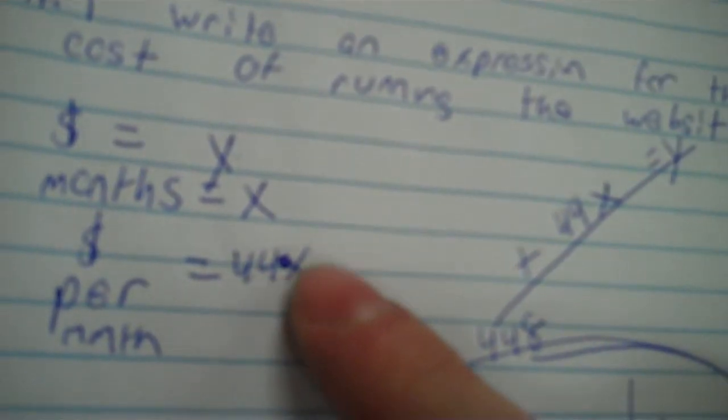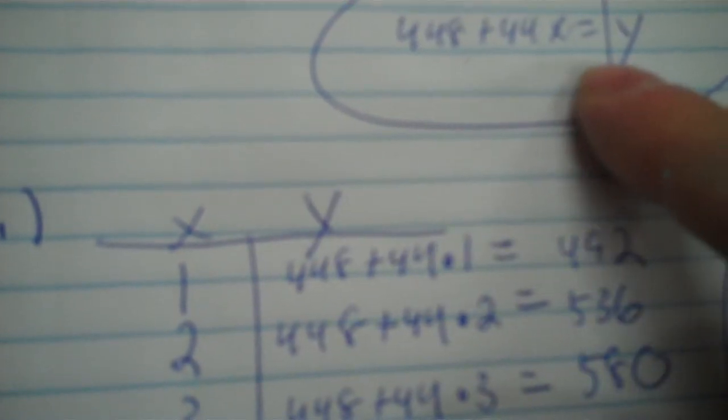Before the $44 per month, we started at 448. Then we add 44x equals y, and that's how I get my equation. Then I make my table. The only difference between this table and the other ones is that the y's here, it doesn't matter. 448 plus 44x, so that means 44 times 1, 448 plus 44 times 2, and so forth. And then that's what you type in on part B.